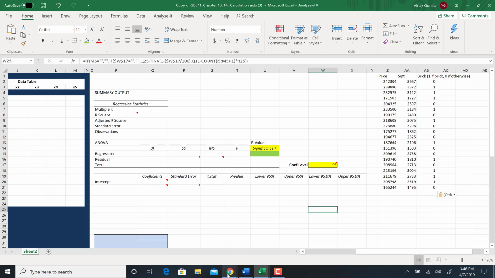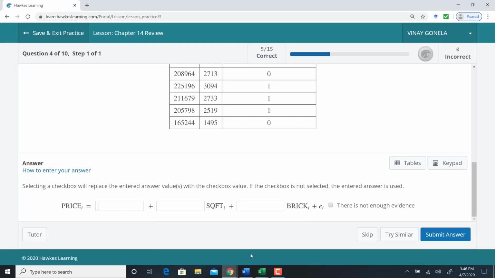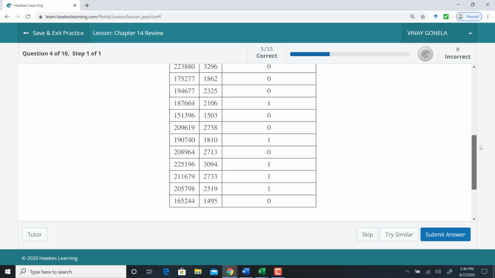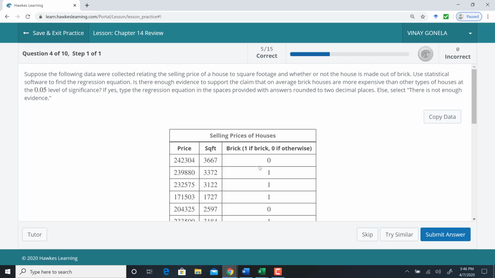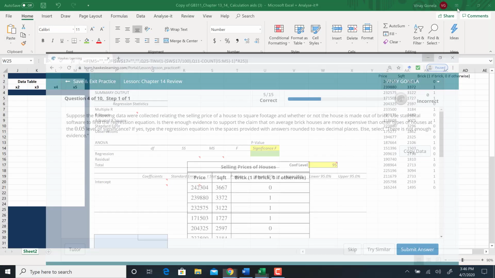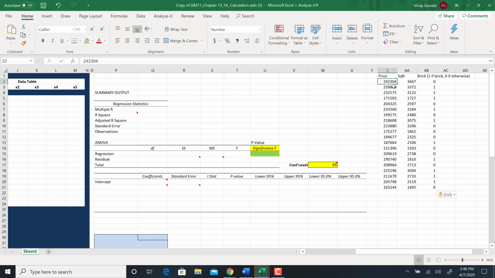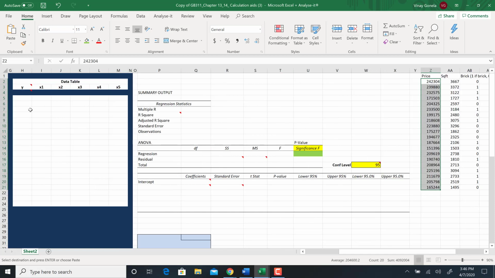So I will again put these values into our question and see if we can get a regression equation. So price is your y, so I will copy this and paste it here.